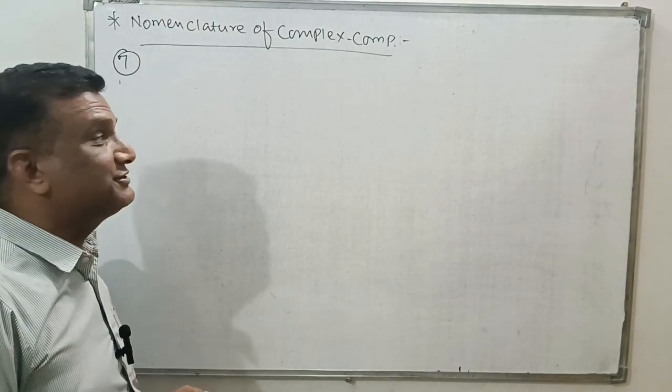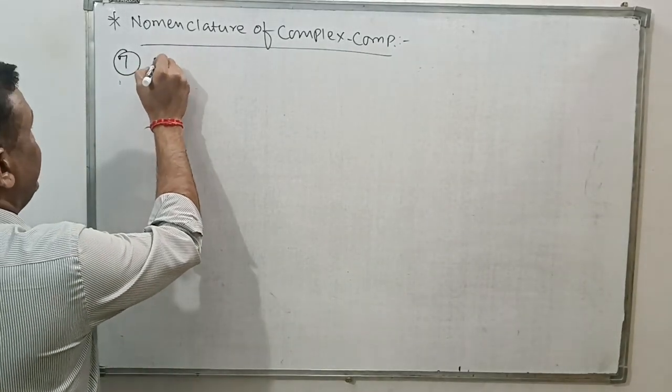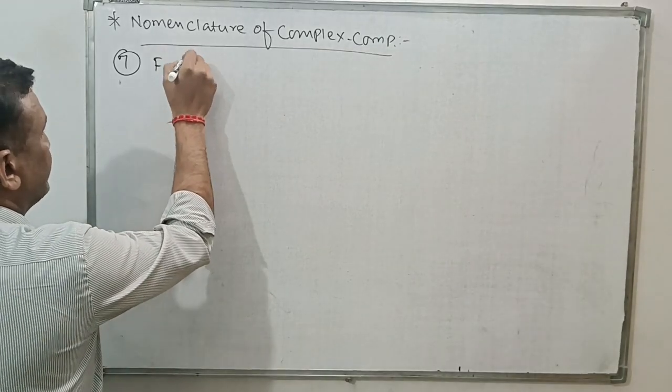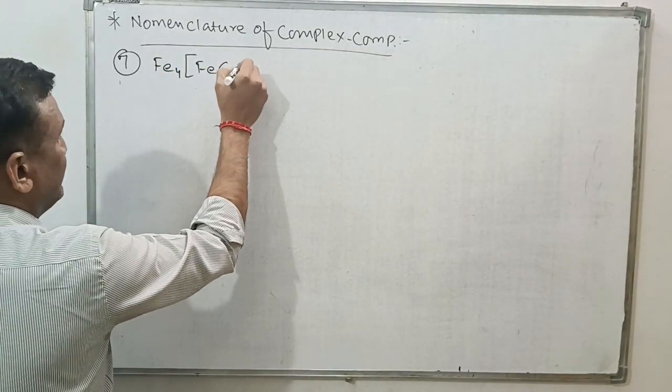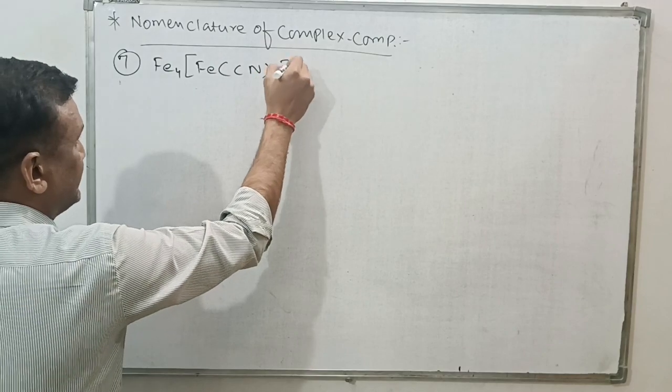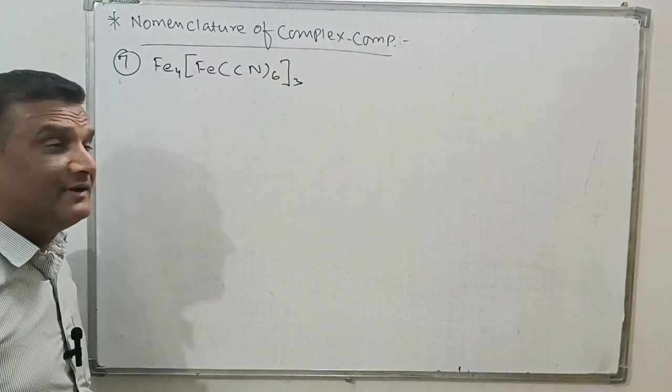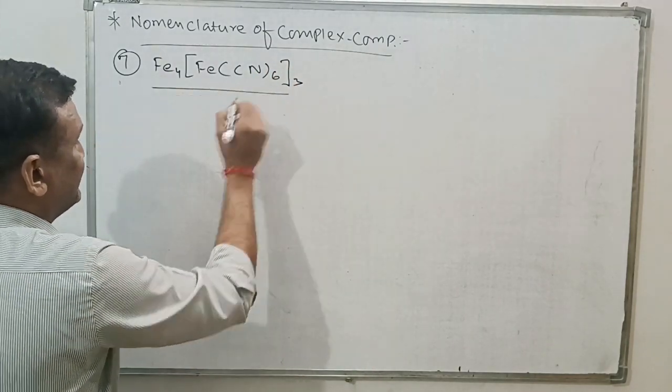If we go with the seventh question, then we can take Fe4[Fe(CN)6]3. First of all, we'll go with the ionization.